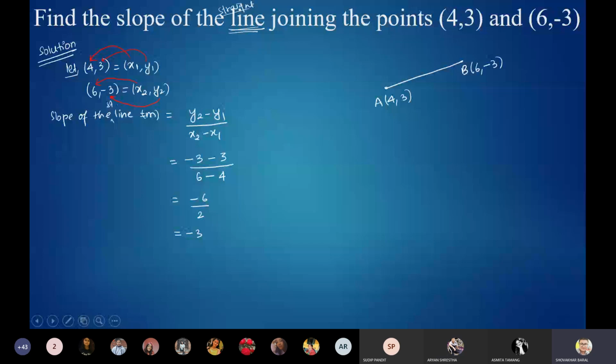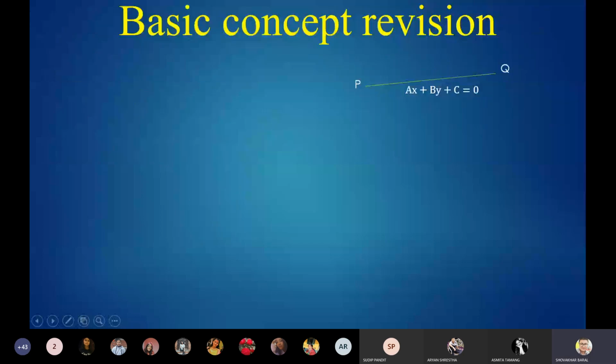There is one more formula of slope that you need to know, and that is very important. There is a straight line whose equation is given in the form ax plus by plus c is equal to 0. So what is the slope of this line?